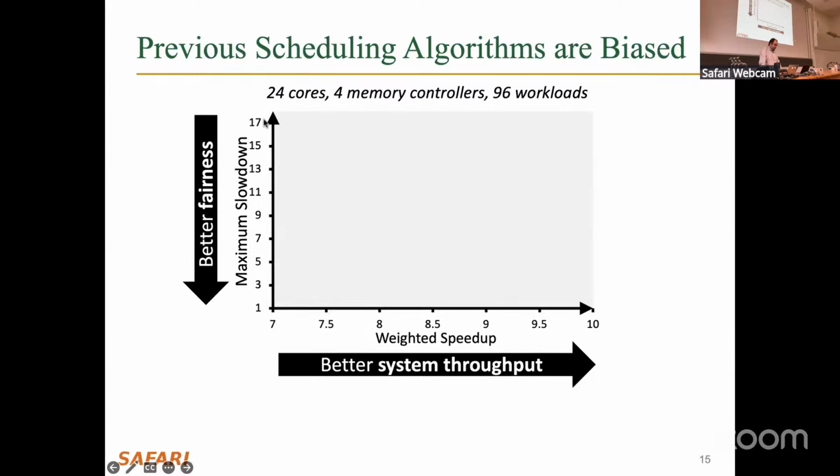First of all, on the y-axis, we are reporting fairness, and for that, we are using the metric of maximum slowdown. Remember that in the previous lecture, we discussed a fairness metric, which was maximum slowdown divided by minimum slowdown. That metric is not necessarily good because usually you don't care about the minimum slowdown.